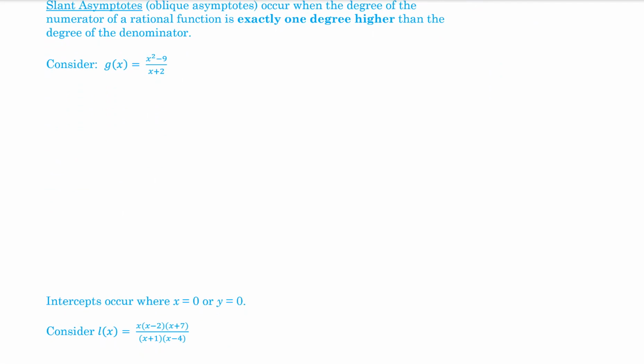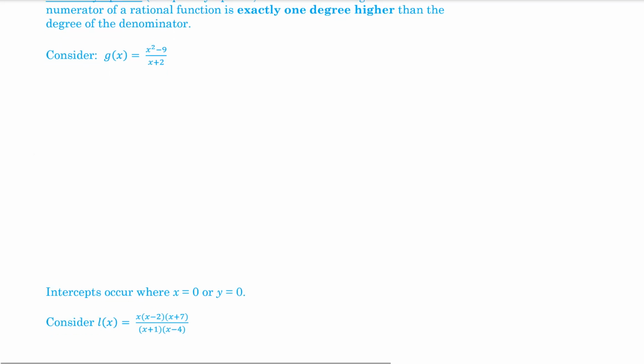This type of asymptote is referred to as either a slant asymptote or an oblique asymptote. Either name is fine, two different names, same thing. These occur where the exponent or the degree in the numerator is exactly 1 degree higher than the degree of the denominator. Let's take a look at an example of this.